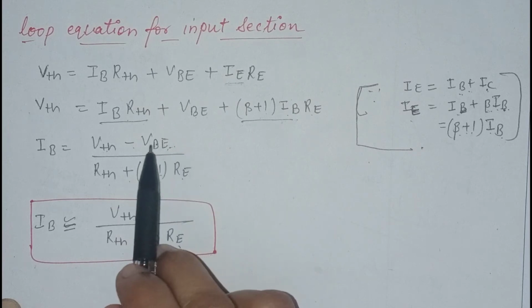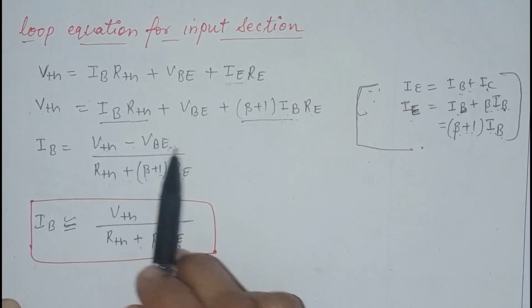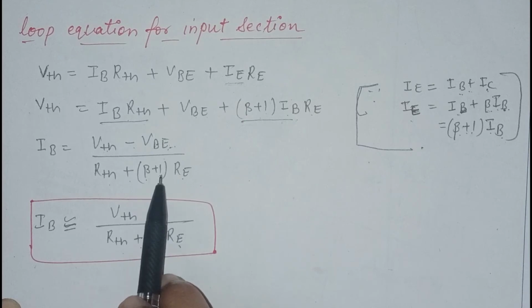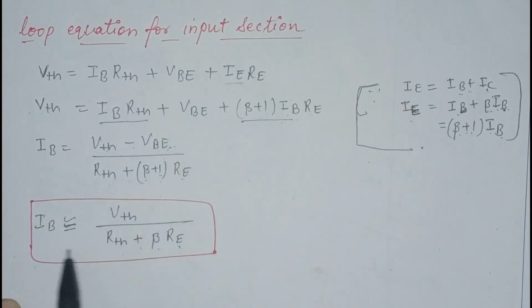Now as we know, the value of VBE is very small, and also beta is much greater than 1. So we can neglect this term and this one. So the approximate equation for IB is VTH upon RTH plus beta into RE.